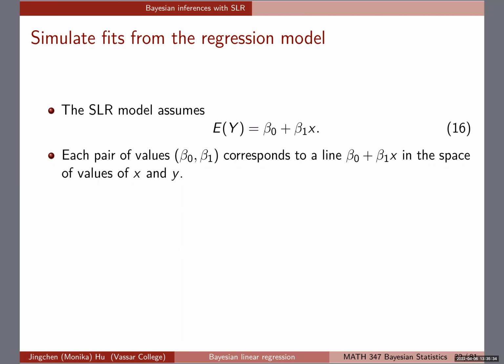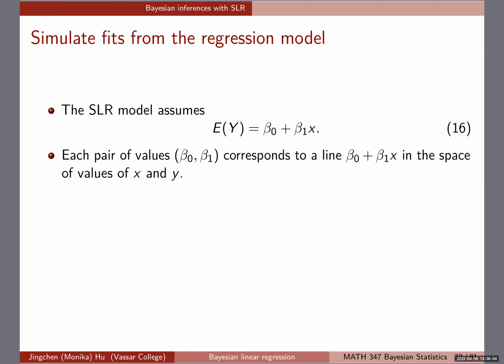Imagine how Bayesian inference can be done after we do the MCMC estimation: we have a lot of draws of beta 0, beta 1, and sigma. If I run my MCMC for like 5,000 iterations, which is what we usually do with JAGS, then technically we're able to get 5,000 pairs of beta 0 and beta 1, and of course another 5,000 draws of sigma.